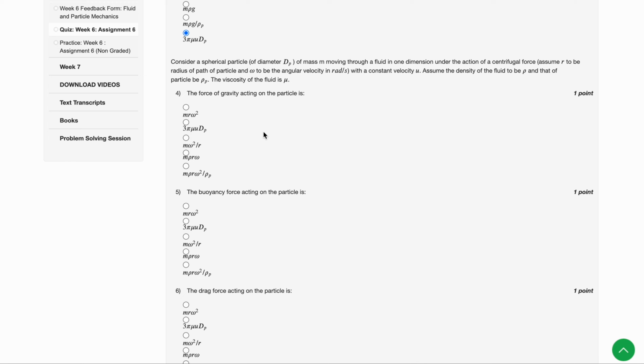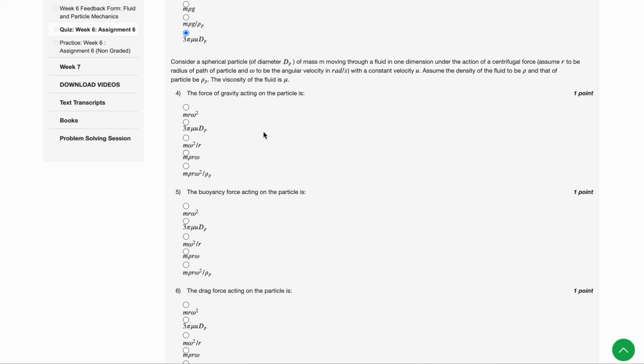Let me draw it for your benefit. So I have a fluid mass, I have a small particle of diameter dp, and the particle is moving because of a centrifugal force.